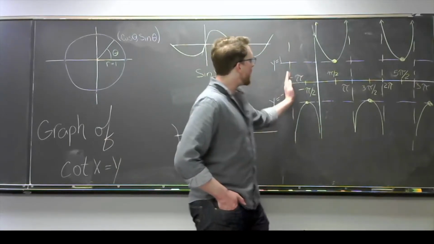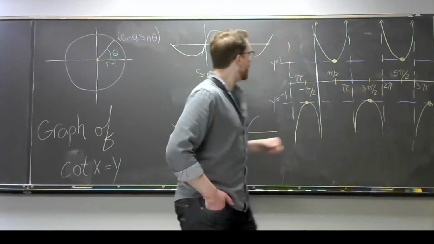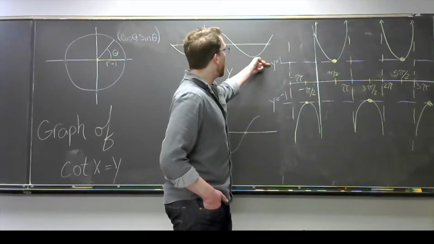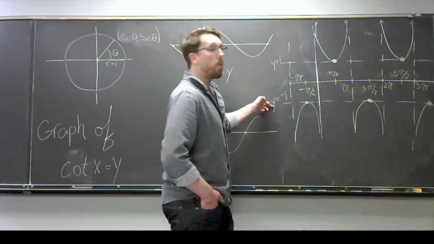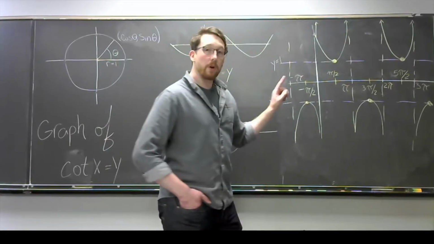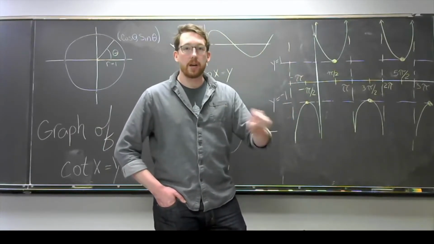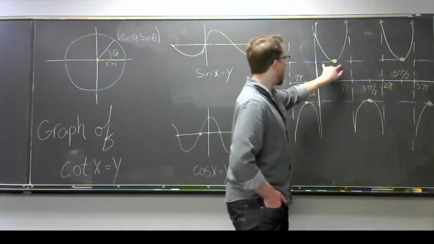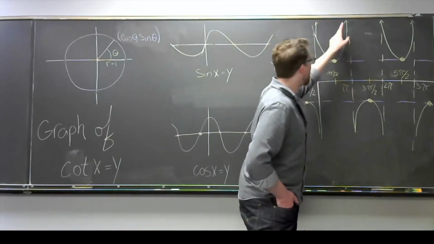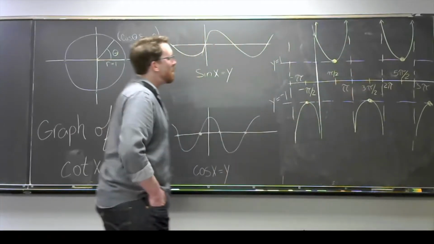And then we've got these asymptotes at multiples of pi. And we have these two horizontal lines at y equal to 1 and y equal to -1 that our function touches exactly once every interval, right? So every time it makes one of these U or N type shapes, is what I'm trying to say.